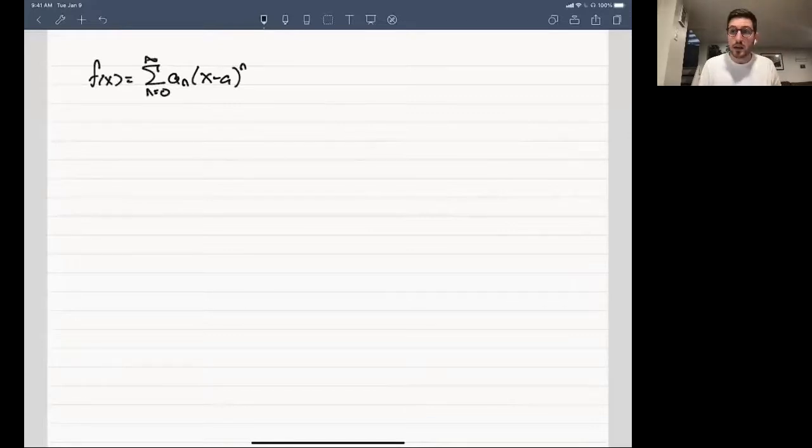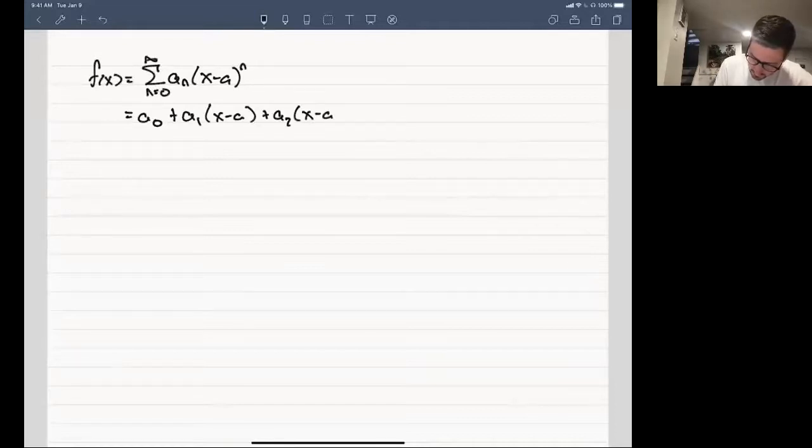So it's a power series centered at a, could be any value. Clearly, if you just expand this thing out, it's a constant plus the linear term plus the next quadratic term plus the cubic term. And I'll put the quartic up, and then we'll just do a dot, dot, dot after that.